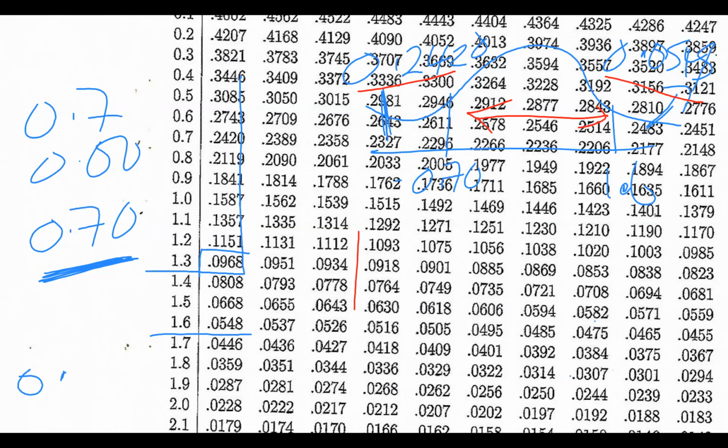You can say 1 minus 0.2420 plus this other one, 0.0548. Right? Like that. What do you get as the area that is in between?